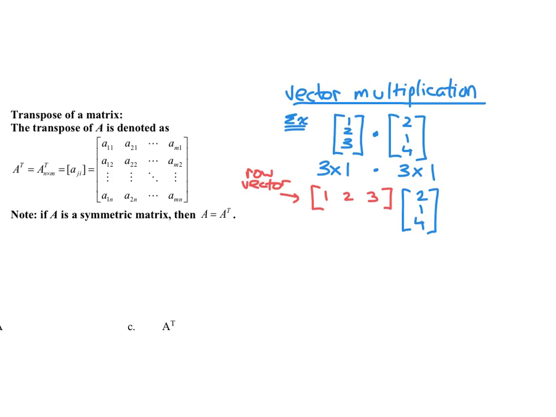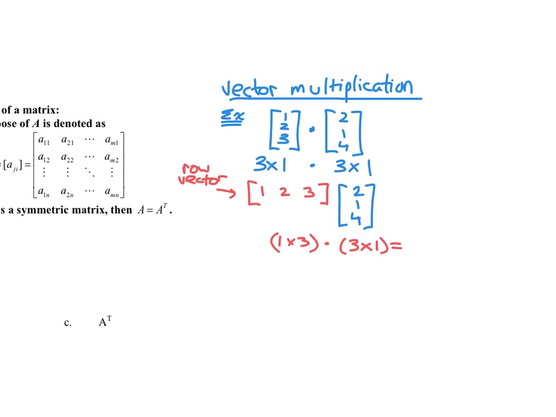The rules of matrix multiplication are going to work out just fine here because I have a 1 by 3 matrix against a 3 by 1. So the result is going to be a 1 by 1.